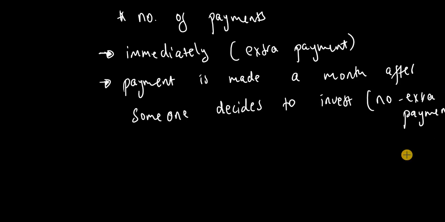You don't add any extra payment if someone pays a month after, meaning that instead of starting to pay in December, maybe you start to pay at month end January. Or instead of paying on the 1st of January, you pay on the 1st of February, then there won't be any extra payment. But if you do it on the very same day, then you're going to have an extra payment.